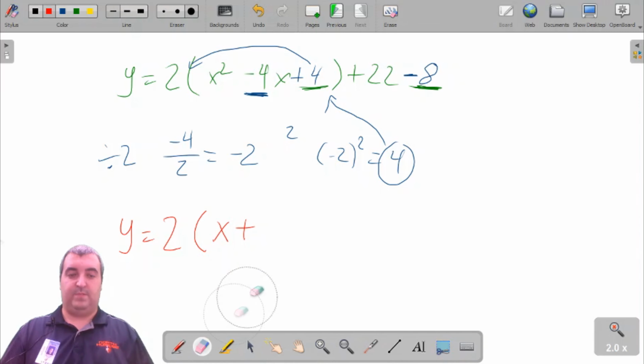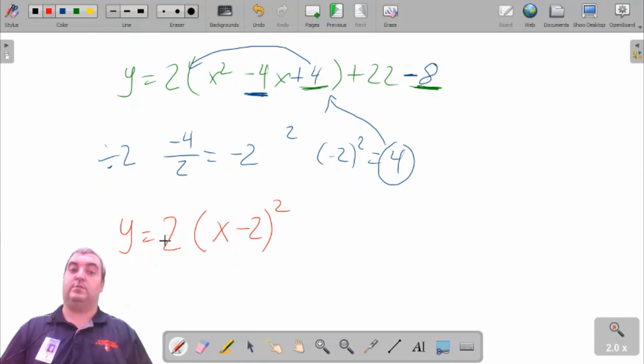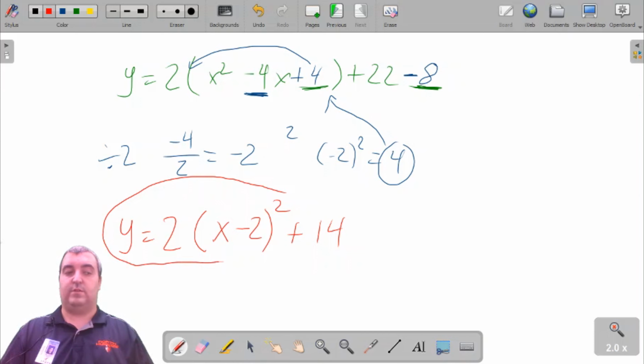Where's my eraser? There it is. So it'll be (x minus 2) squared. So now it looks like a times (x minus h) squared, and then we just simplify this last part here. So 22 minus 8 is 14. And there it is in vertex form.